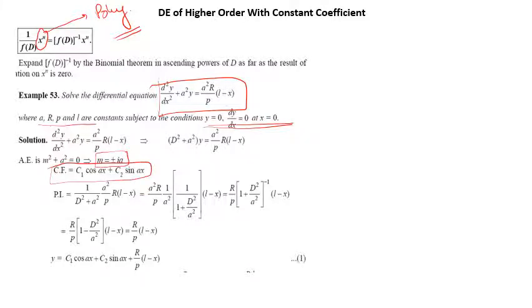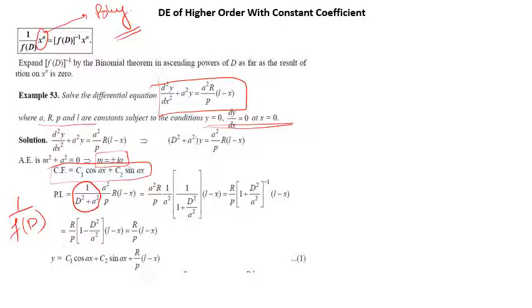Now how can PI be evaluated? 1 upon D square plus a square acting on a square r by p l minus x. The formula says to convert f(D). What is f(D)? The PI is 1 upon f(D). f(D) inverse means D square plus a square inverse.